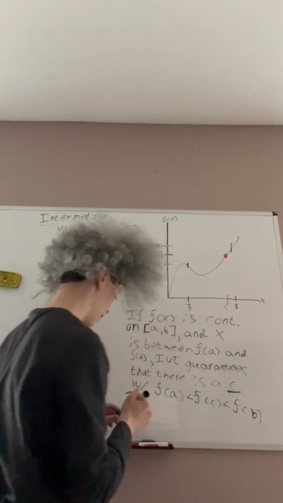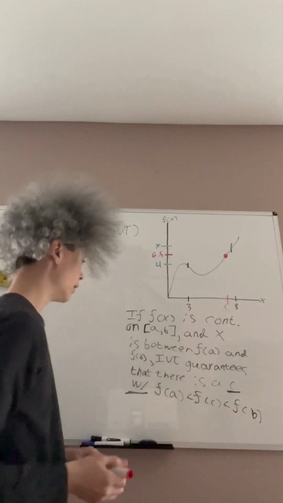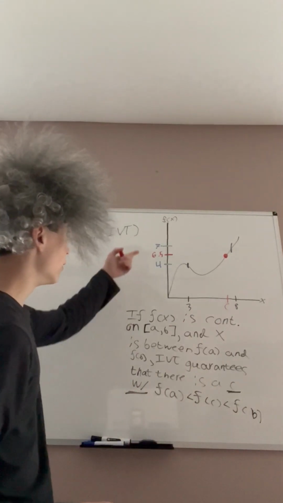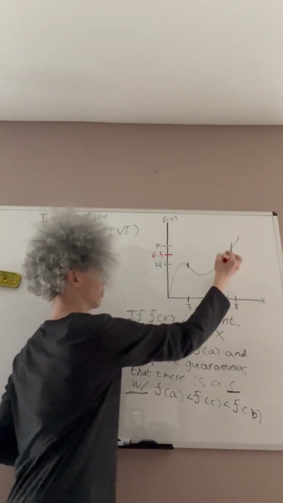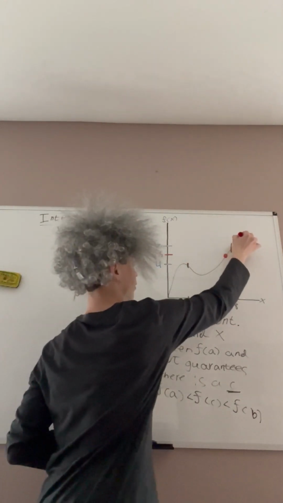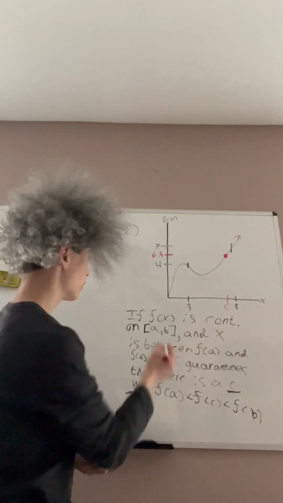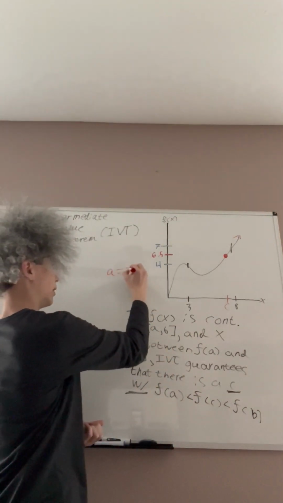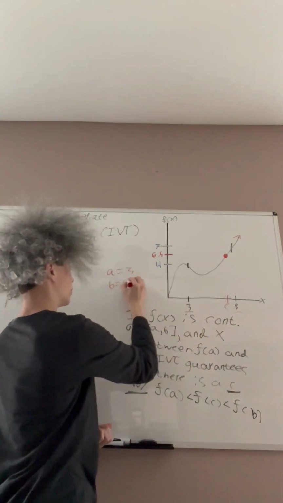So, let's go back up to this graph here. f of x is a continuous function. We could see I could draw this line without moving my pen at all. Now, let's say A equals 3 and B equals 8, coming from our x value inputs.